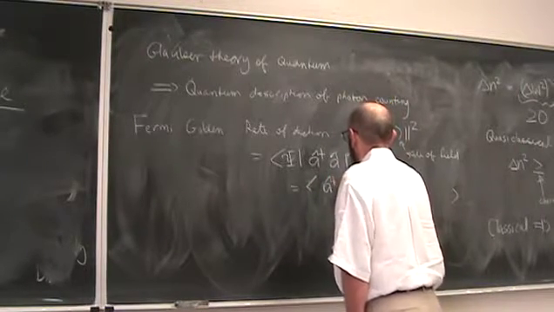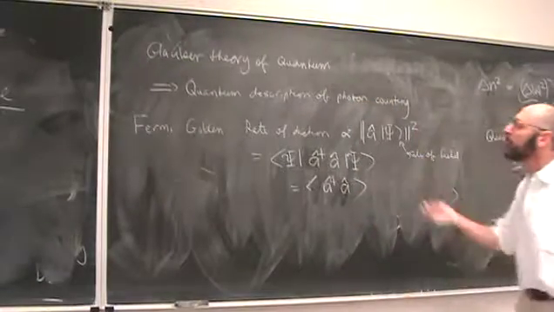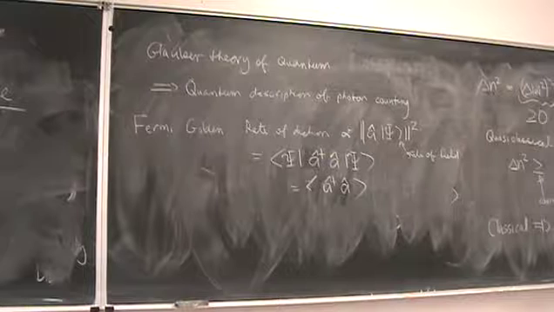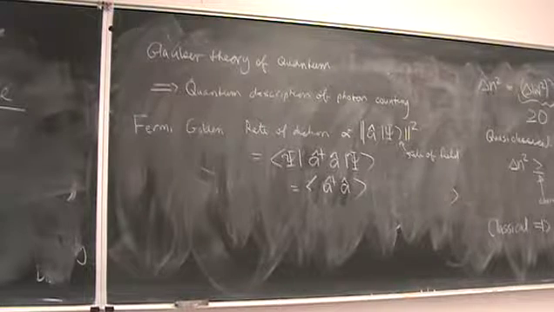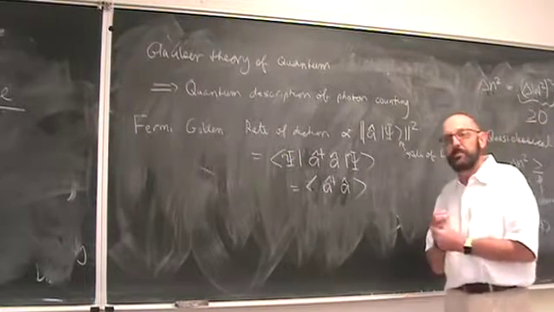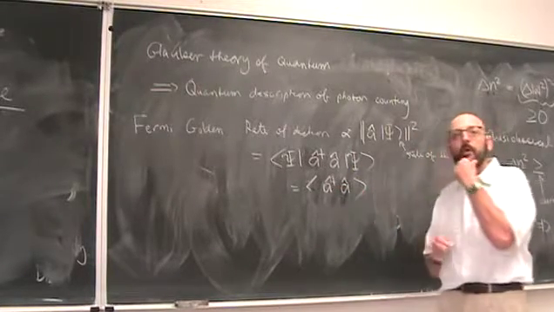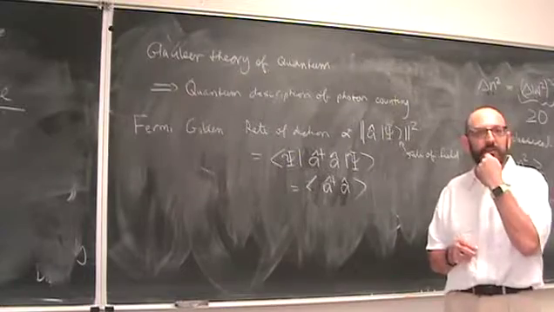Now, if I have multi-modes and I think about this as a field, then as we described last time, the annihilation operators are associated with what we call the positive frequency component, and the creation operators with the negative frequency component.